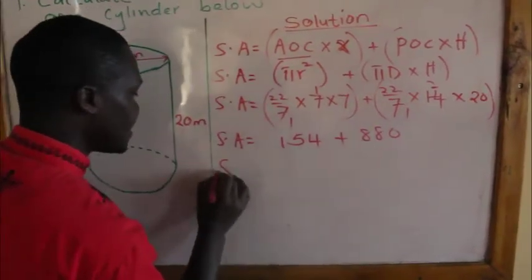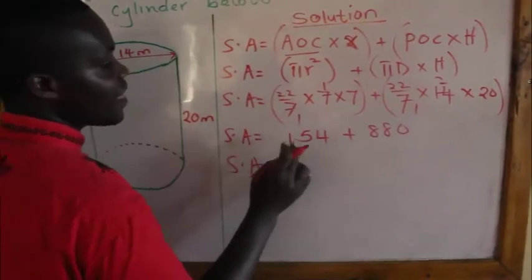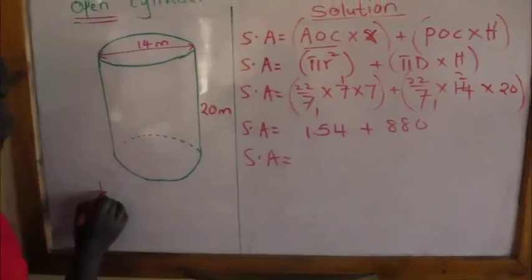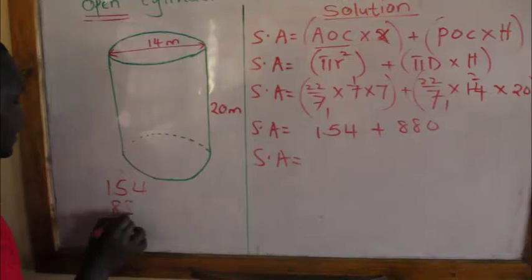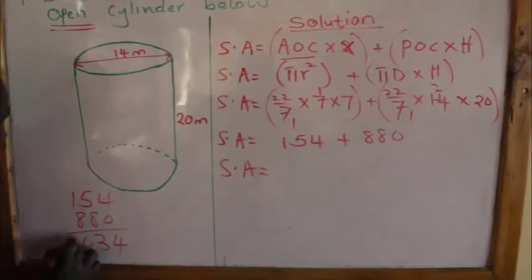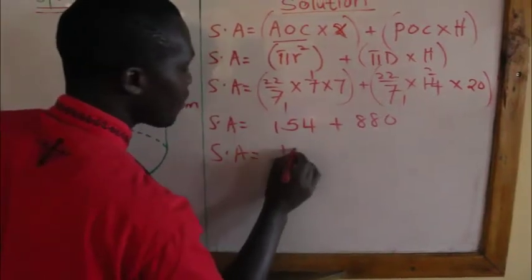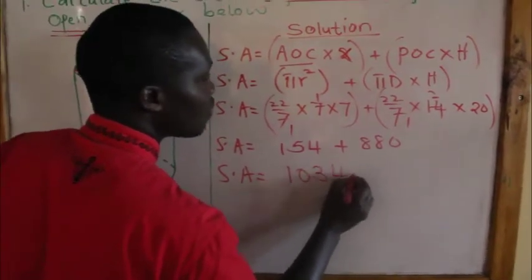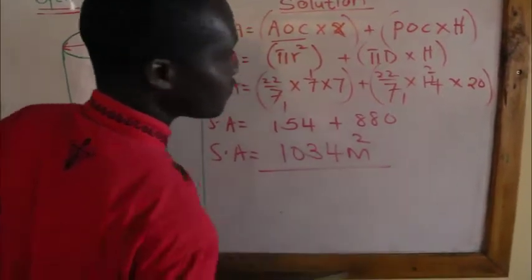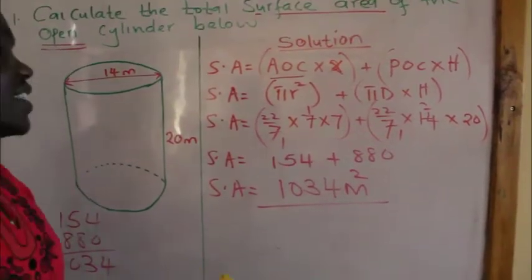So finally, our surface area will be 154 plus 880, which is 1034 meters squared. This is our answer.